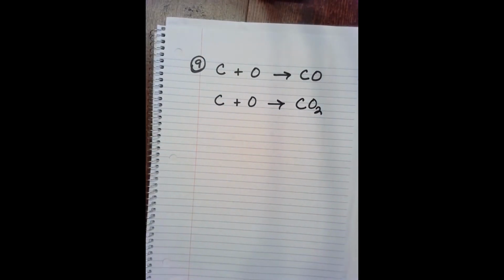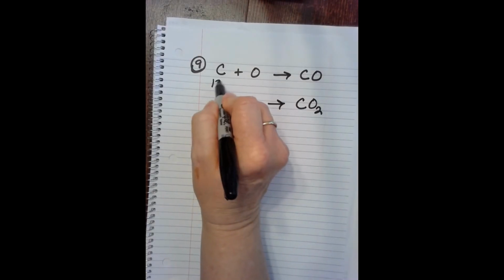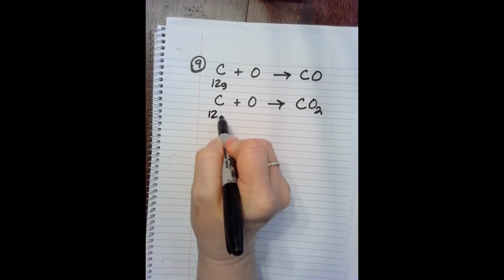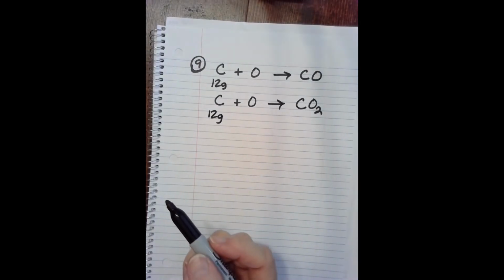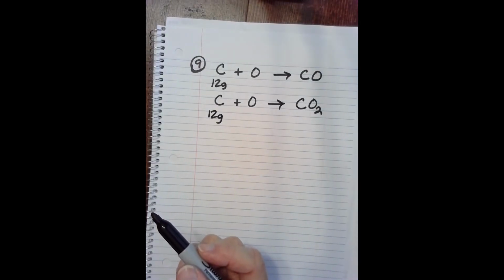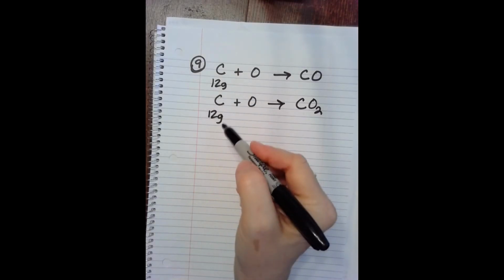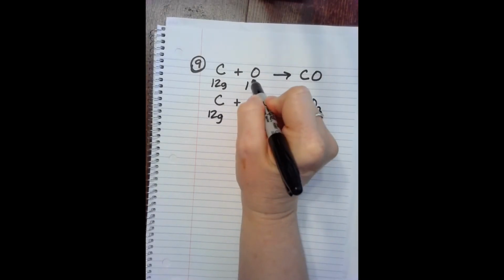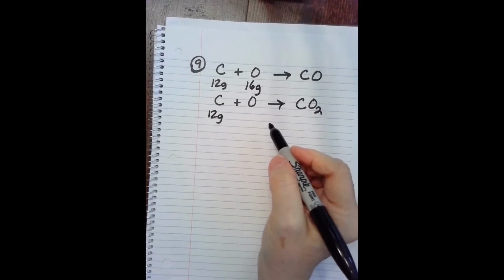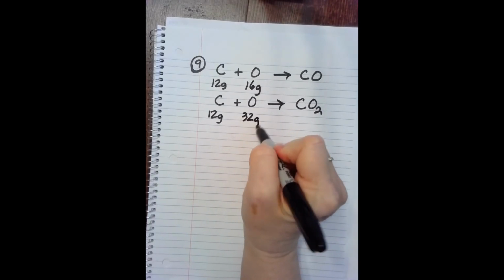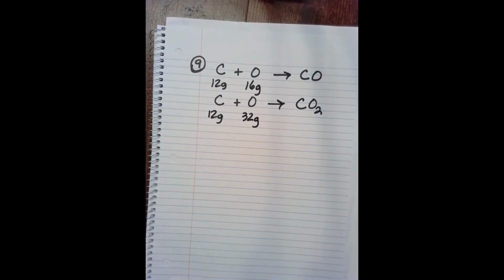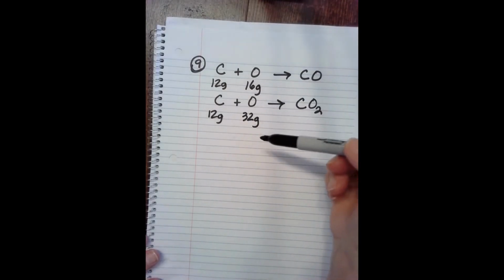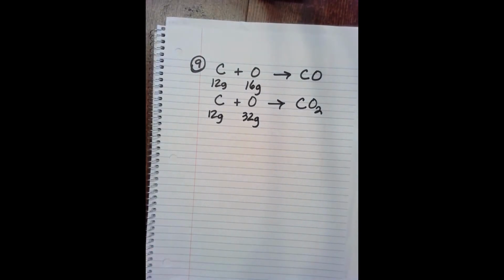All right. So now let's see what else it says. The masses of oxygen that combine with 12 grams of carbon. So I've got 12 grams of carbon, and it says I have 12 grams of carbon in each of these to form these two compounds. In this one, it says it's 16 grams and it's 32 grams. And there's that beautiful word respectively. That's how I know that the 16 gram goes here and the 32 gram goes here, because it's talking about that.